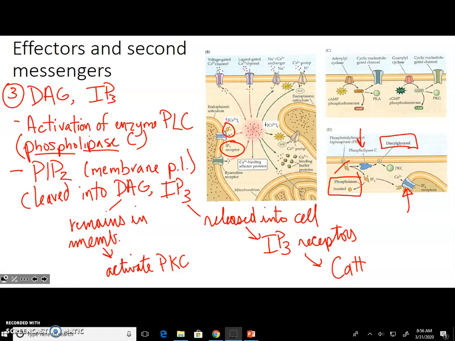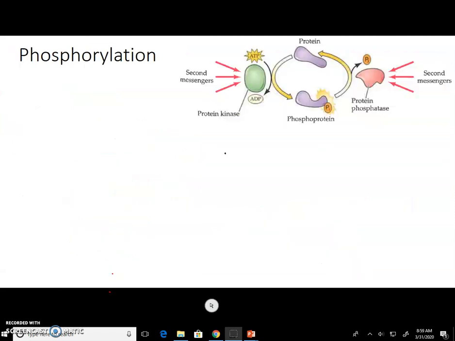So I think we've gone through these three second messenger systems. Let's talk about some of those targets. But first, we need to talk about second messengers before we talk about their targets. The way that second messengers work, I think this is a really important point.